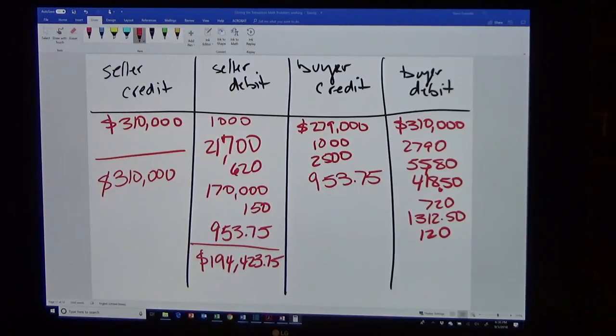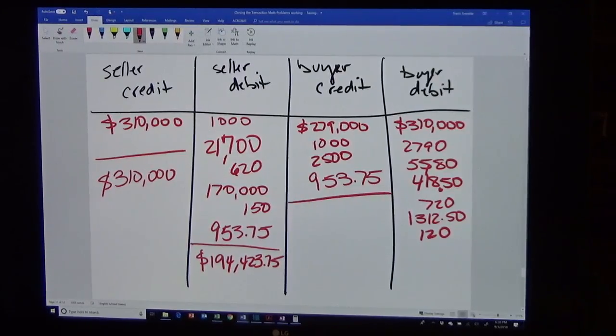So 1,700 plus 620 plus $170,000 plus $150 plus $953.75. $194,423.75.